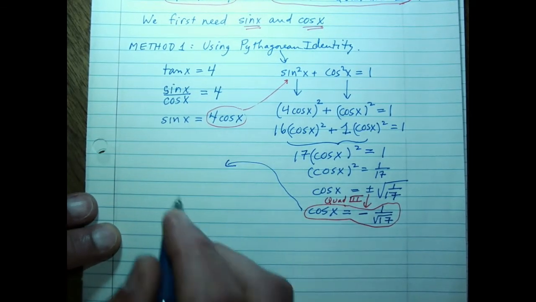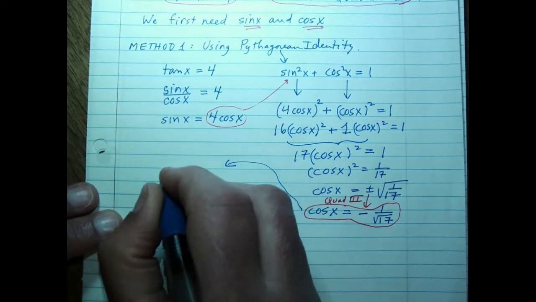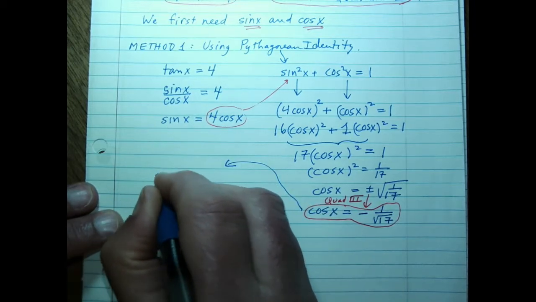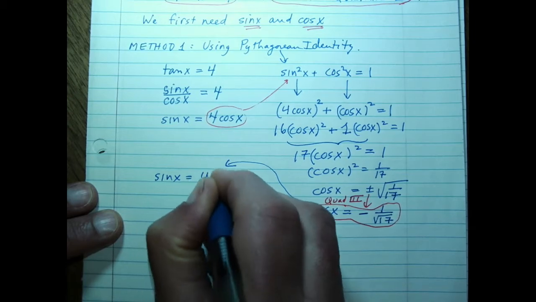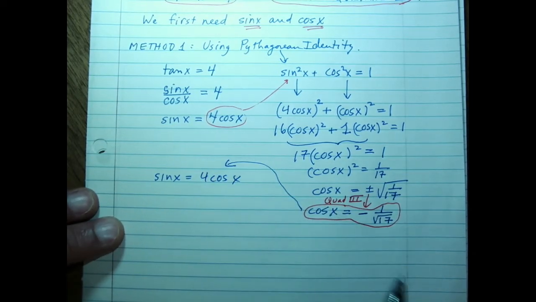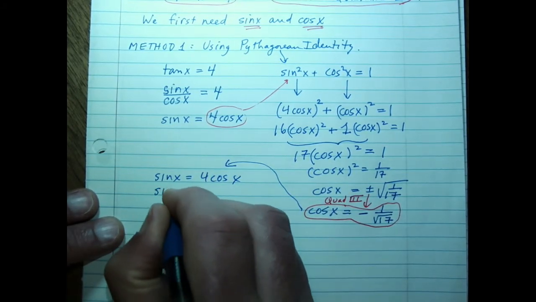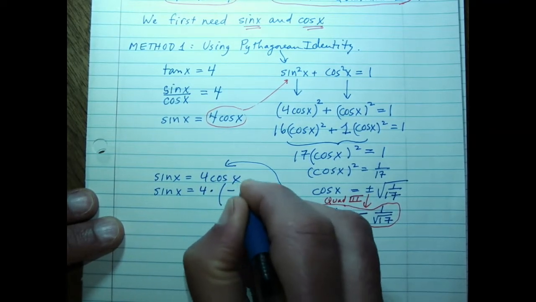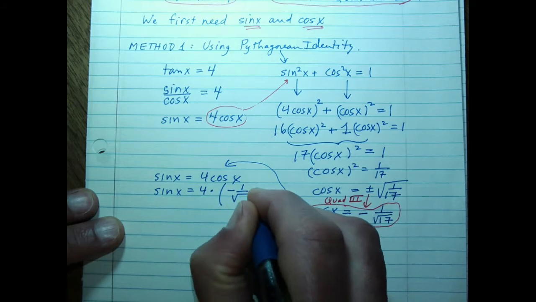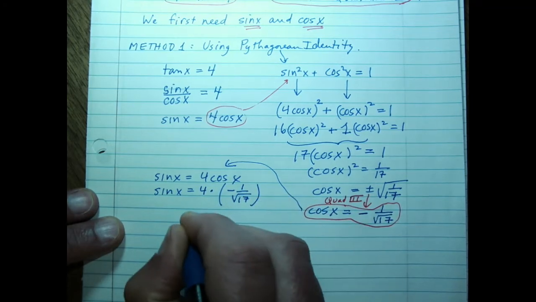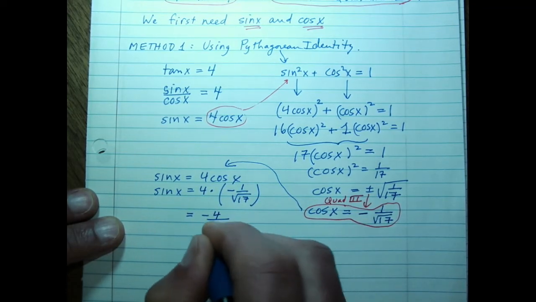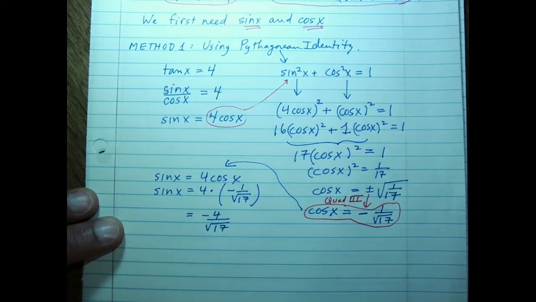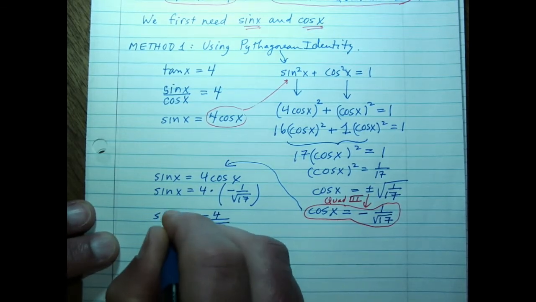And I'm going to use the fact that sine x is 4 cosine x. And so sine x is 4 times negative 1 over the square root of 17, which is negative 4 over the square root of 17. And there's my value of sine x.